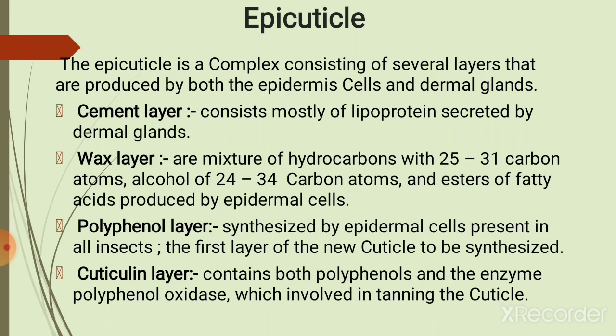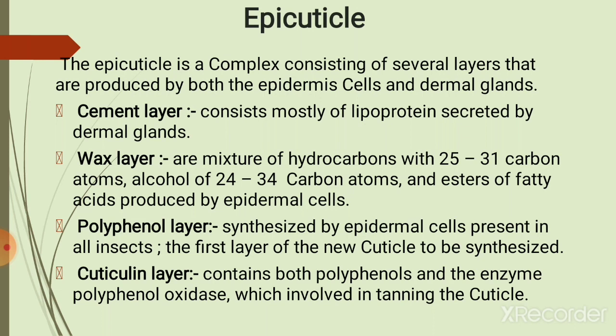At the time of sclerotization, these polyphenols are oxidized to quinones in presence of the enzyme phenol oxidase, and then the quinones tan first the proteins of cuticulin layer and later protein of outer procuticle to produce the exocuticle.